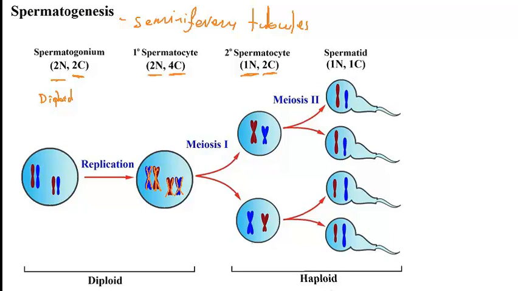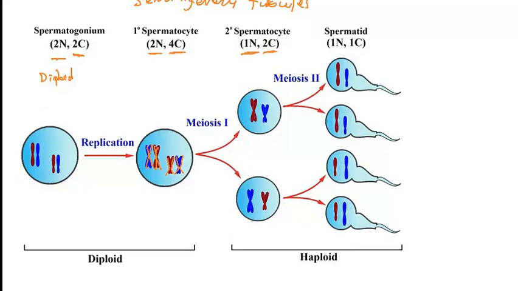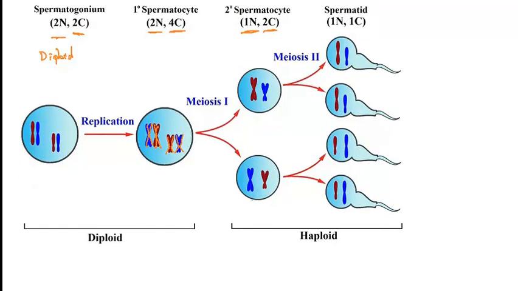Now, what happens after these spermatids are formed? These cells are still immature, and so now they need to develop into a mature spermatozoa, and this process is called spermiogenesis.